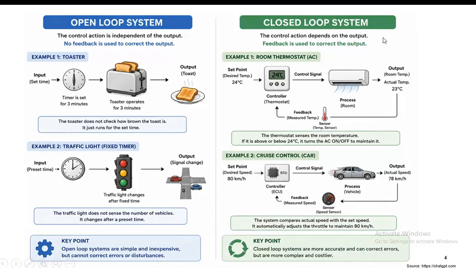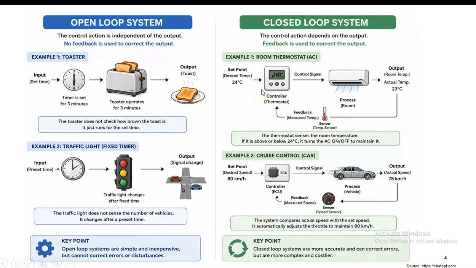When we take a closed loop system, the control action depends on output, since we have a feedback. Room thermostat, an AC, is an example. There is a set point, the desired temperature.